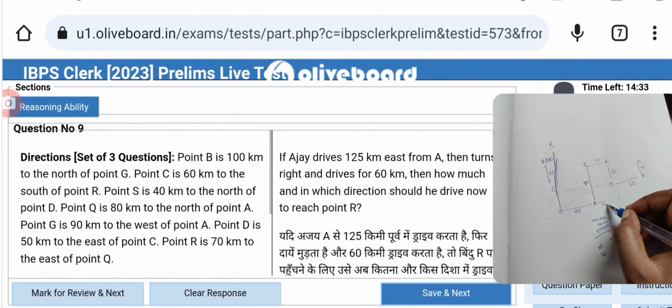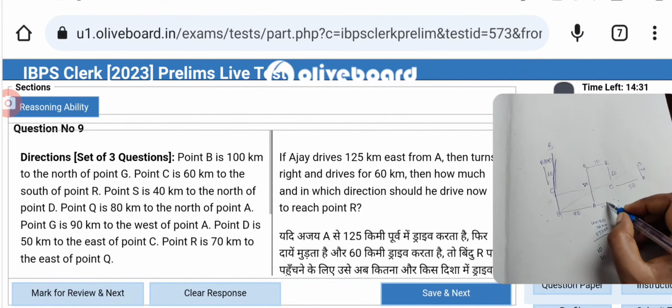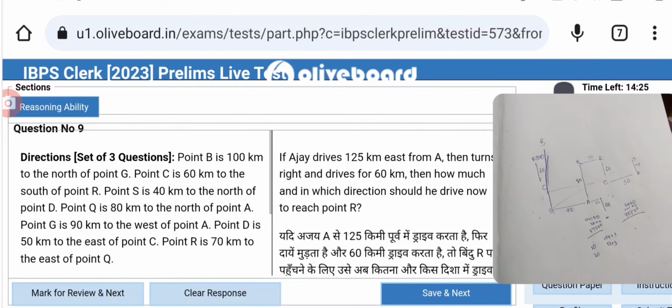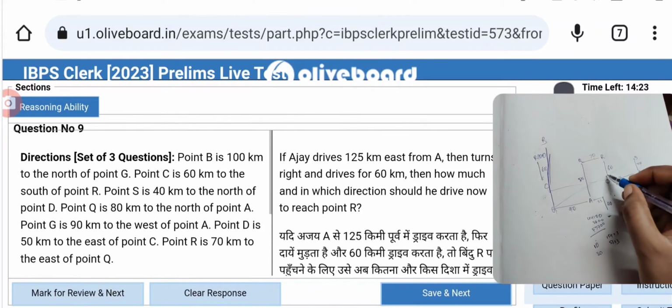125 and right 60 meters. With respect to the O, southwest, which direction?